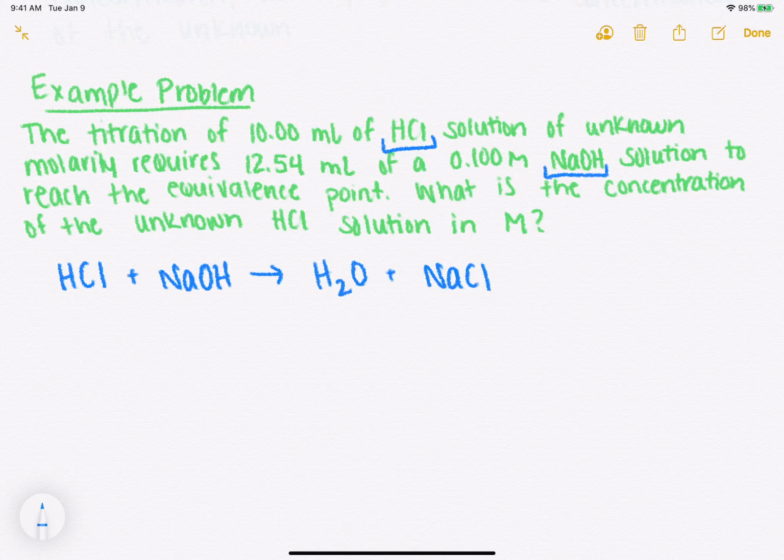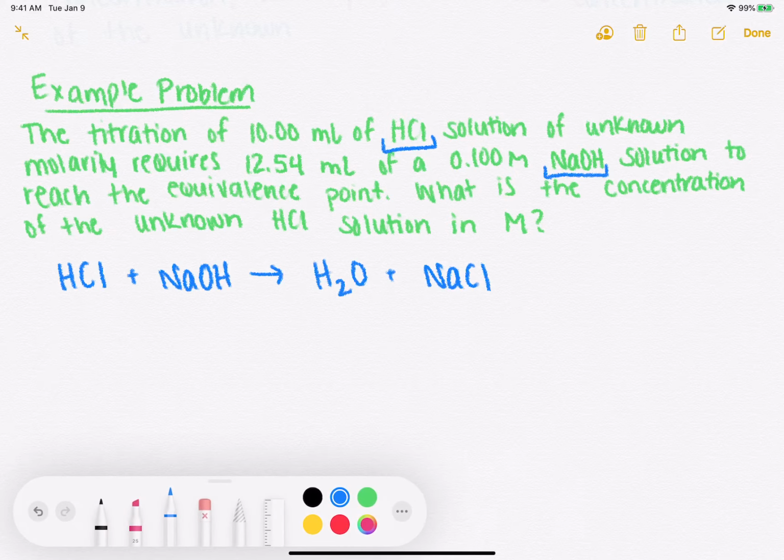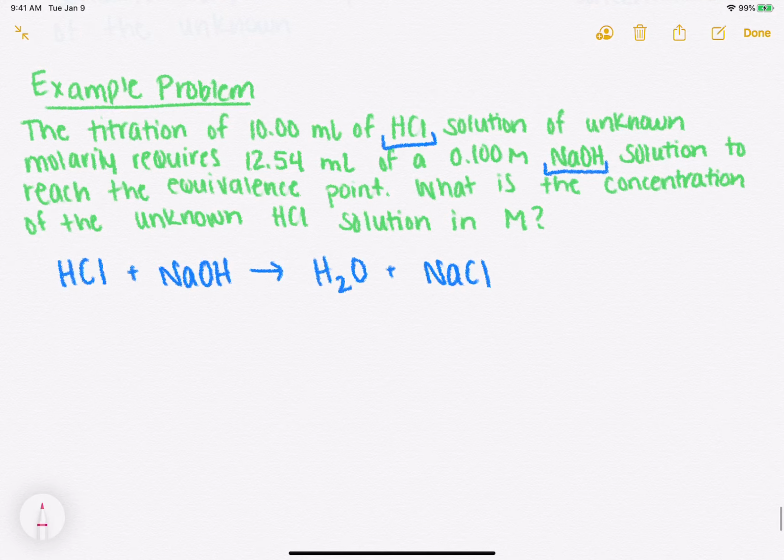So we know plenty of information about our NaOH. We know that the NaOH has a molarity of 0.100 molar, and we're using 12.54 milliliters of it to reach the equivalence point.